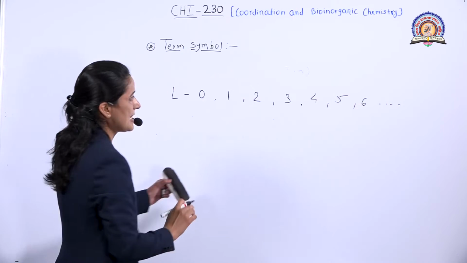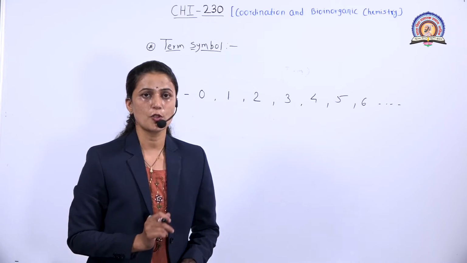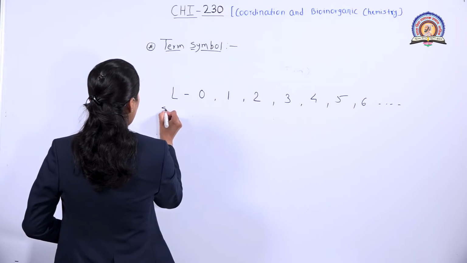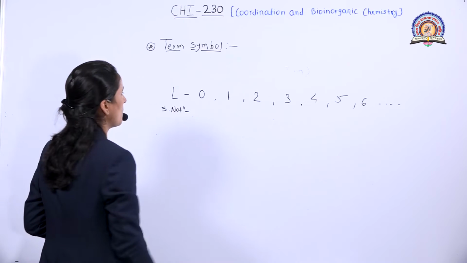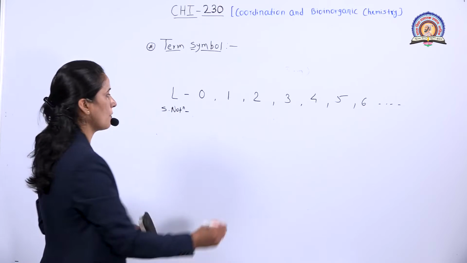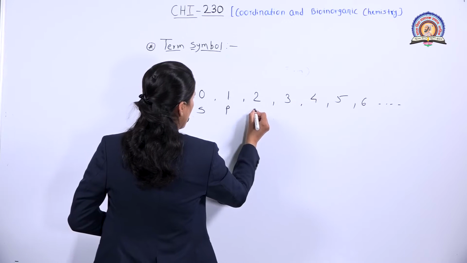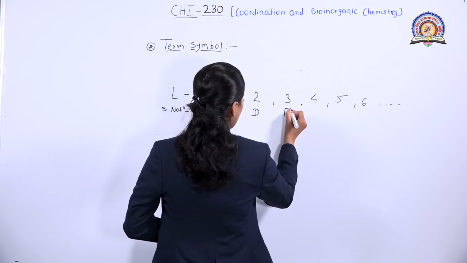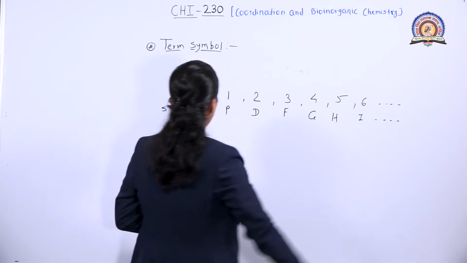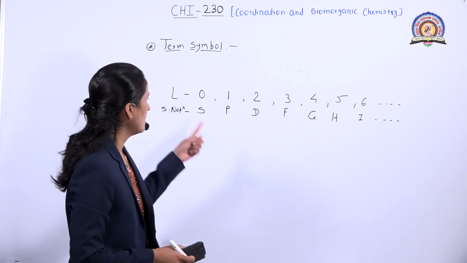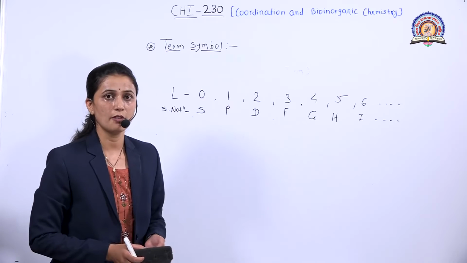For these numbers there are spectroscopic notations, or spectroscopic symbols. Suppose L value is 0, then the spectroscopic notation is S, then P, then D, F, G, H, I and so on. These are the values for L, and these are the spectroscopic notations for those specific values.